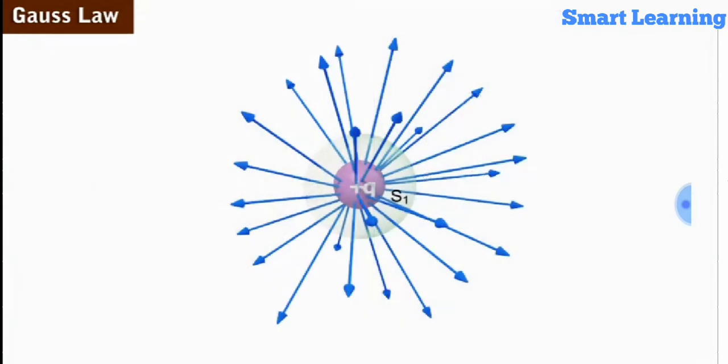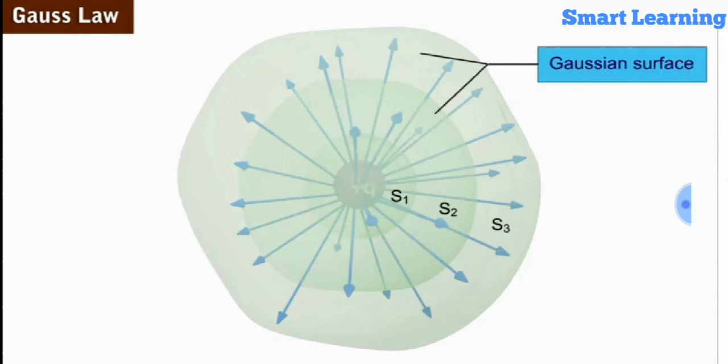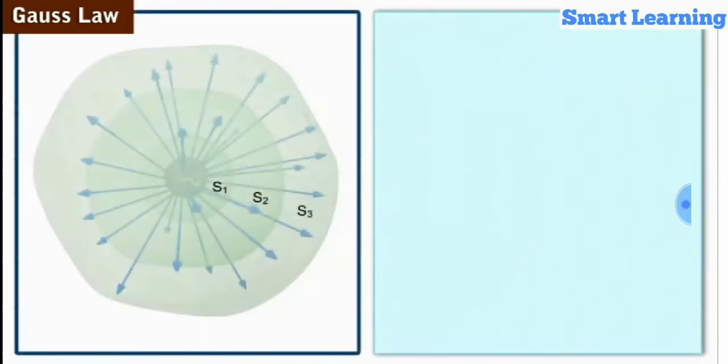Now, consider two other closed surfaces, S2 and S3, around S1 of any arbitrary shape. We see that since S2 and S3 are closed surfaces, they can also be referred to as Gaussian surfaces. We have seen that the net electric flux phi through S1 is equal to Q by epsilon naught.